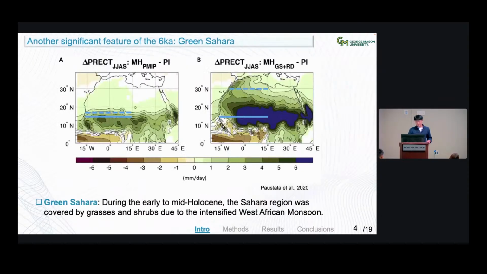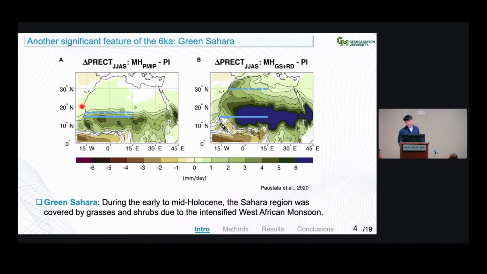Then, as Maya touched on, we had another significant feature of 6Ka, which is Green Sahara. If we compare summertime precipitation anomalies between mid-Holocene and pre-industrial climate, we can see increased precipitation over Sahel and Sahara region, which indicates an intensified West Africa monsoon.